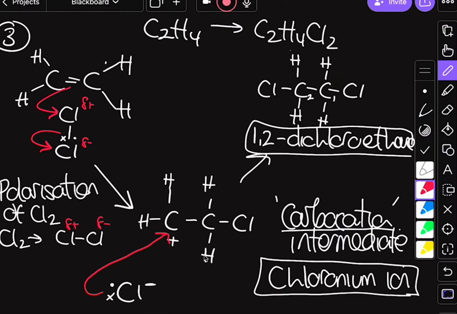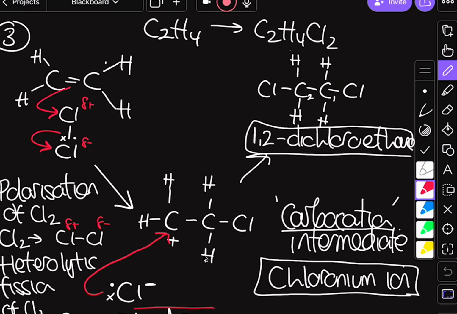We also have heterolytic fission of the chlorine, so it's implied in the diagrams as we go from diagram 1 to 2, but we write it like this to just guarantee that if the SEC are looking for it, you have hit their mark scheme.